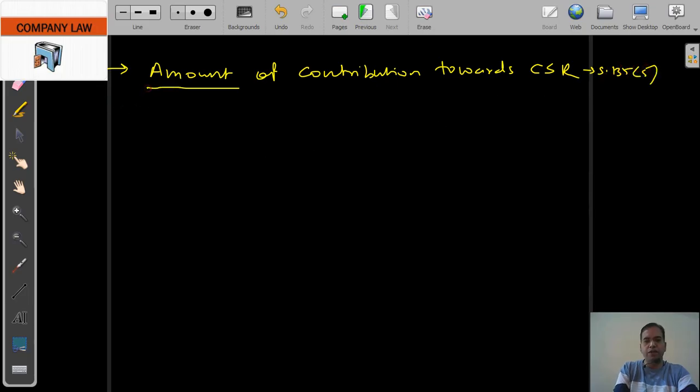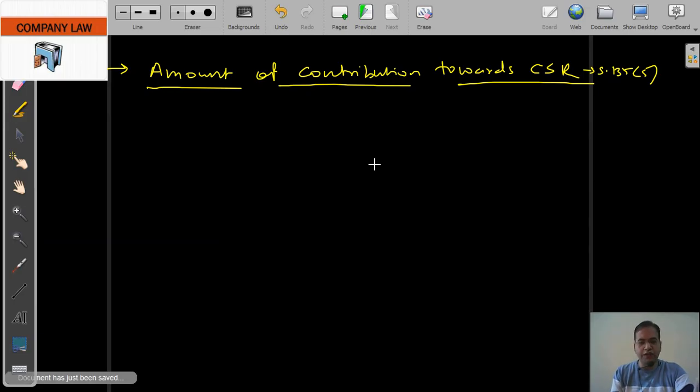This section says that the board of every company, meaning the company which falls under the threshold, shall ensure that the company spends in every financial year at least 2% of the average net profits made during the 3 immediately preceding financial years.